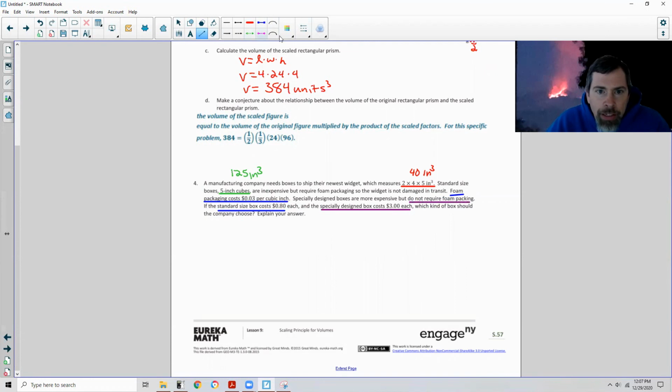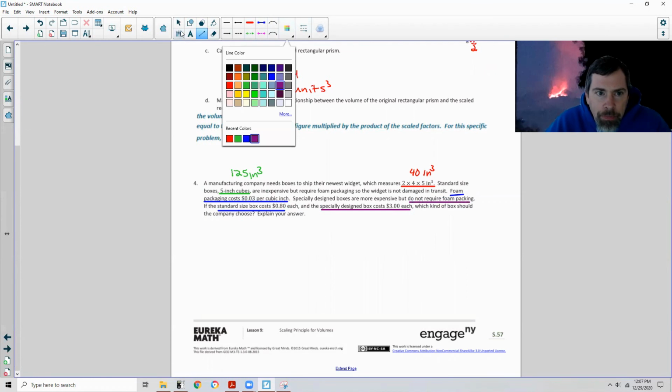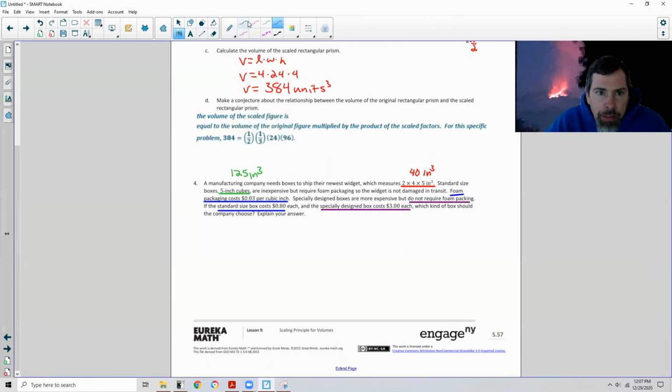Okay, so we need to calculate some values here. Let's switch back to my pen. All right, so what do we need to do? Well, we have to determine the space inside the box after we put a widget in it. And the box is 125 cubic inches. So I take that 125 inches cubed and I subtract 40 inches cubed.